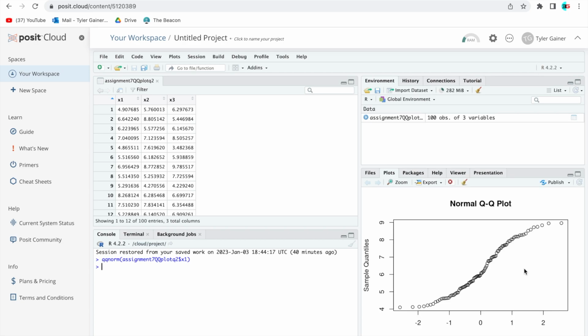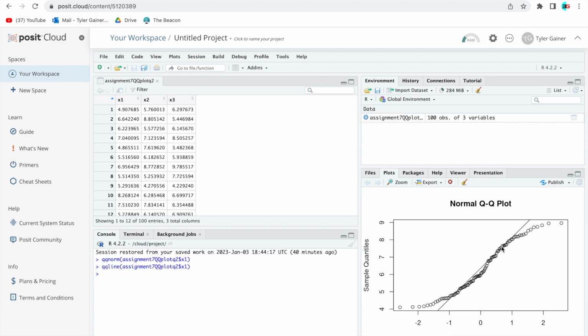So this is what our QQ normal plot would look like. Then we need to see it with a line on it, so qqline of assignment 7, and a $ sign, again x1.